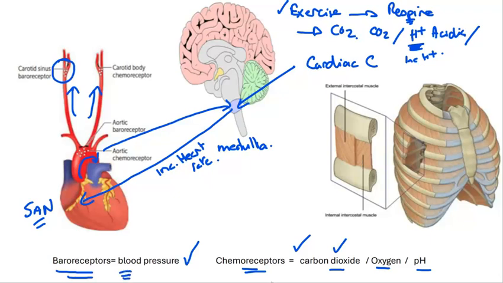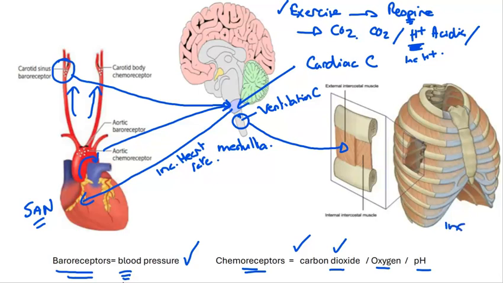And these pressure receptors would detect the increase in pressure, which was due to an increase in heart rate, which in turn is due to the exercise, and they would also send impulses to the cardiac center, or indeed to another region here, which we might call the ventilation center, sometimes called the respiratory center actually, and then this in turn sends output to the intercostal muscles to increase ventilation.